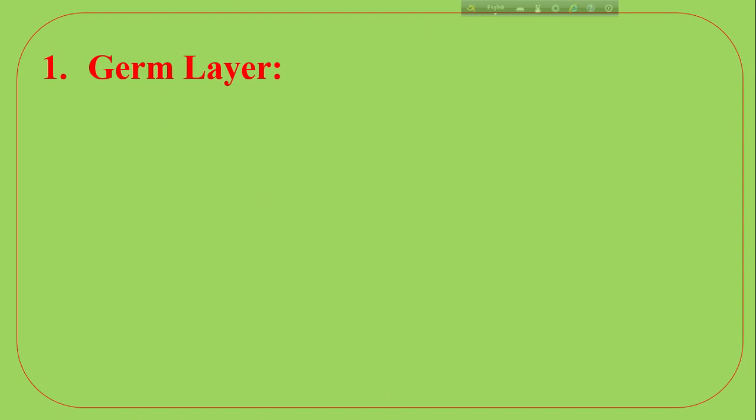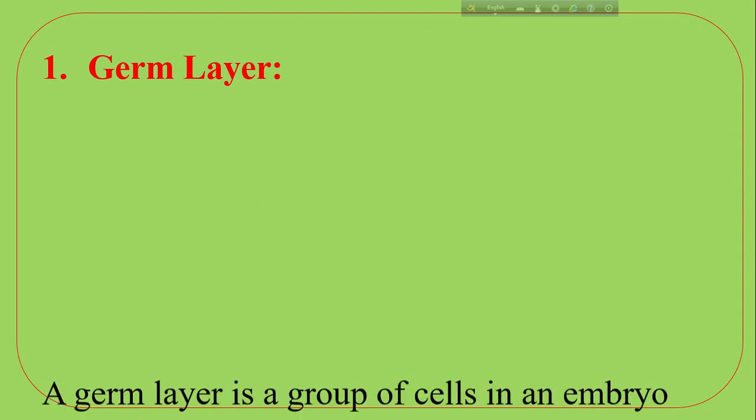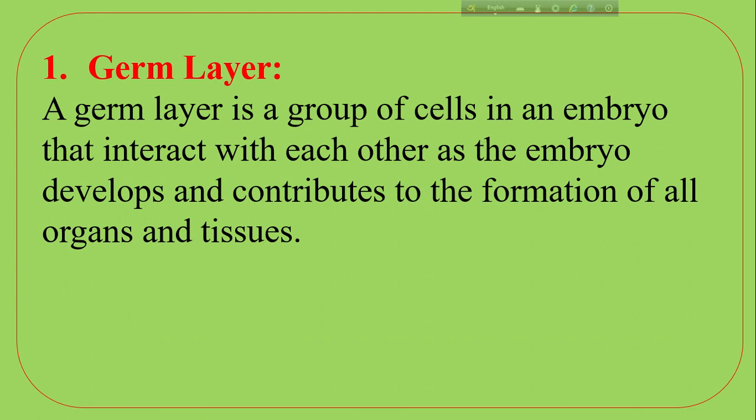Number 1, germ layer. A germ layer is a group of cells in an embryo that interact with each other as the embryo develops and contribute to the formation of all organs and tissues.